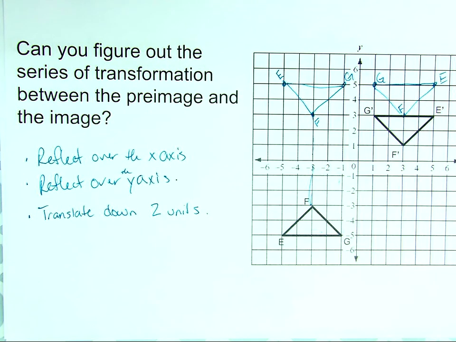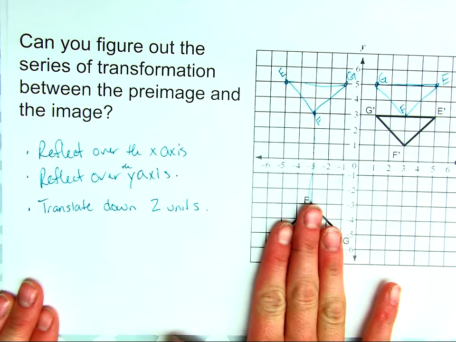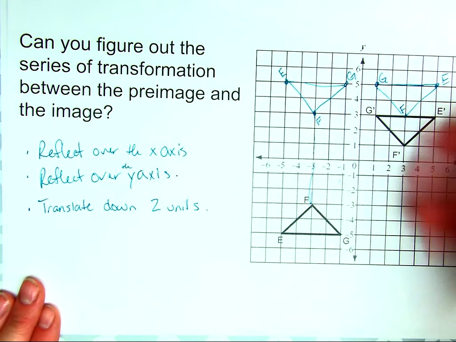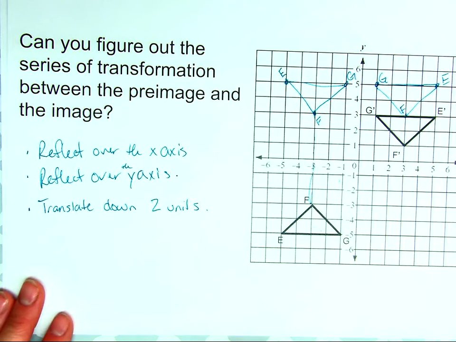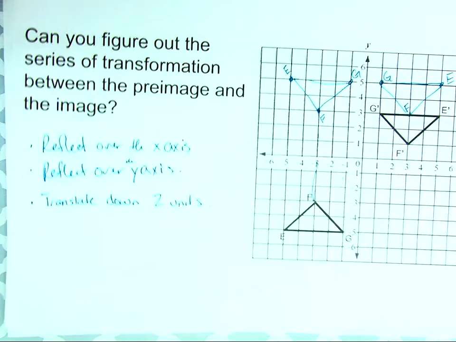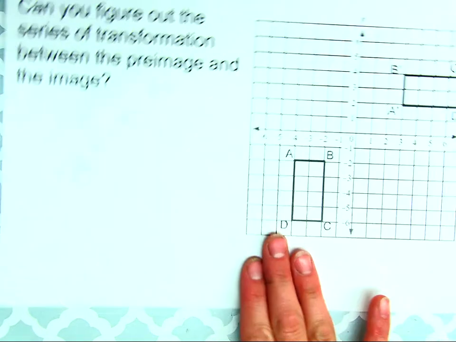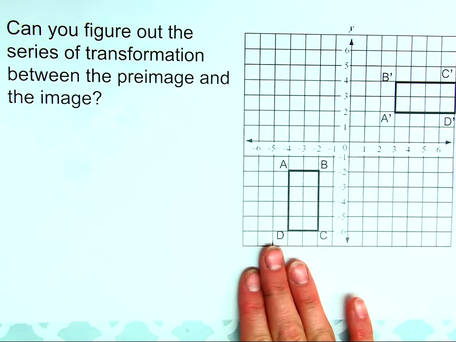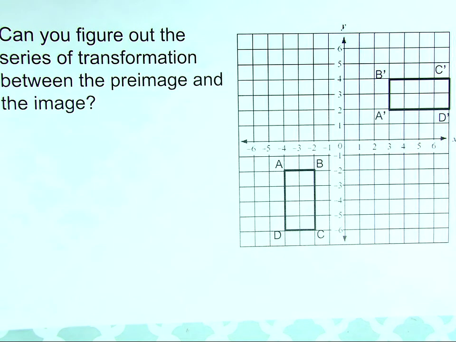You could have also done reflection over the y, then the x, and then translate. You could translate first. So those can be switched around a little bit, but they still would have to make it line up perfectly. So be careful when listing these out. Last one. Pause the video, give it a try.